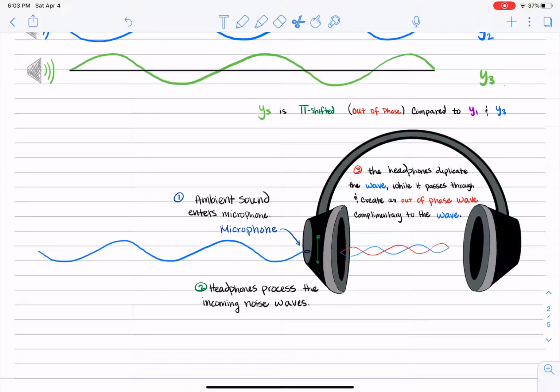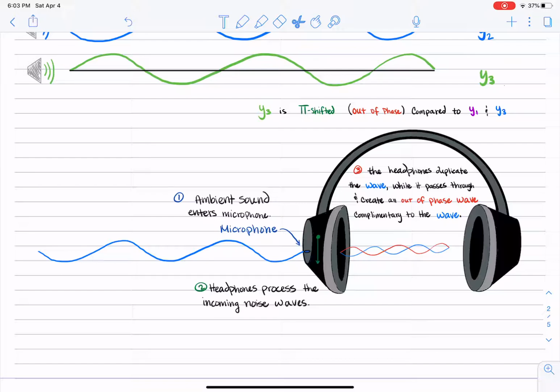The headset allows that same ambient noise to come through, which is why this other small blue wavelength goes all the way through. But in addition, the headset will mimic that noise, but offset it so that it's destructive interference, giving noise canceling. For whoever made noise canceling headphones, it's pretty intuitive if you understand the difference between destructive and constructive interference and how to apply those electronically.